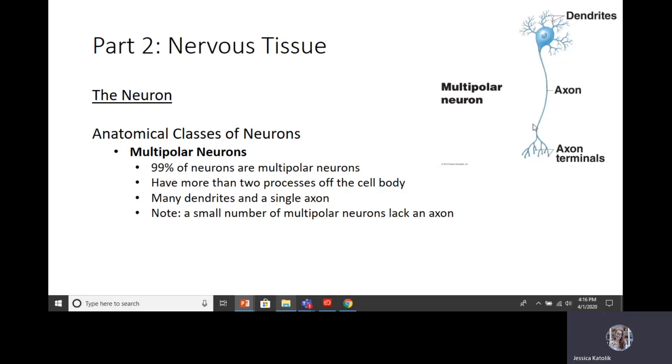Note that in the central nervous system, sometimes there are multipolar neurons that will lack an axon completely. It's just a weird fluke. So multipolar is located here with many dendrites and a long axon that sometimes is optional.